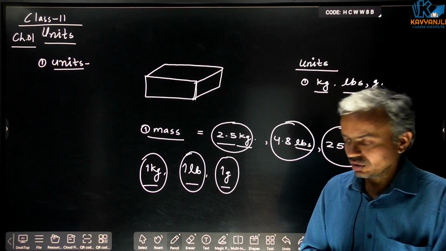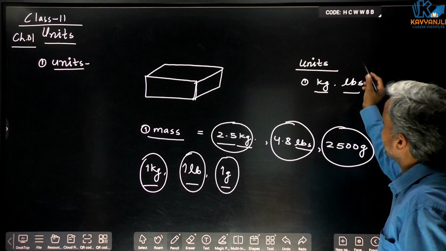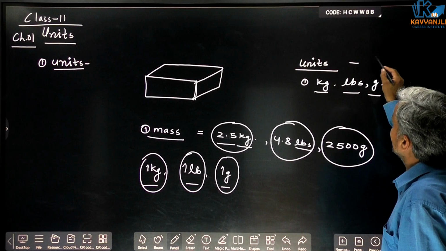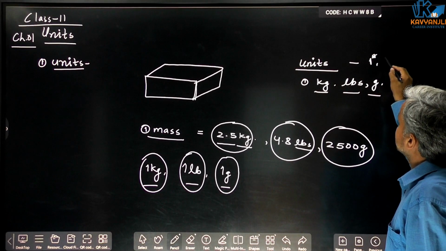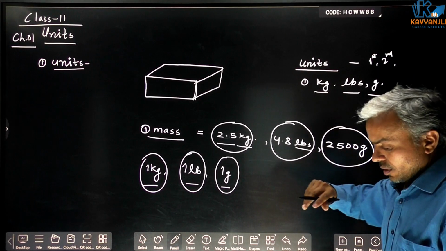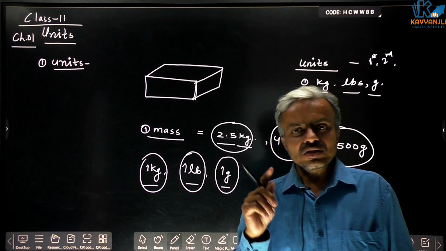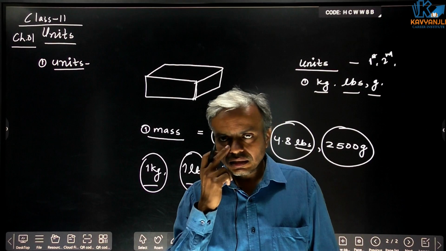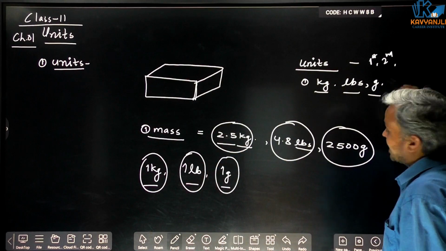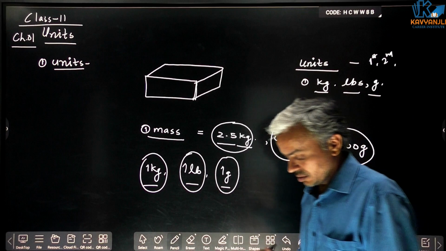This is arbitrarily chosen. So unit is arbitrarily chosen. First point. Second point, it is not chosen by one person, it is chosen internationally. So this arbitrarily chosen quantity is internationally accepted.